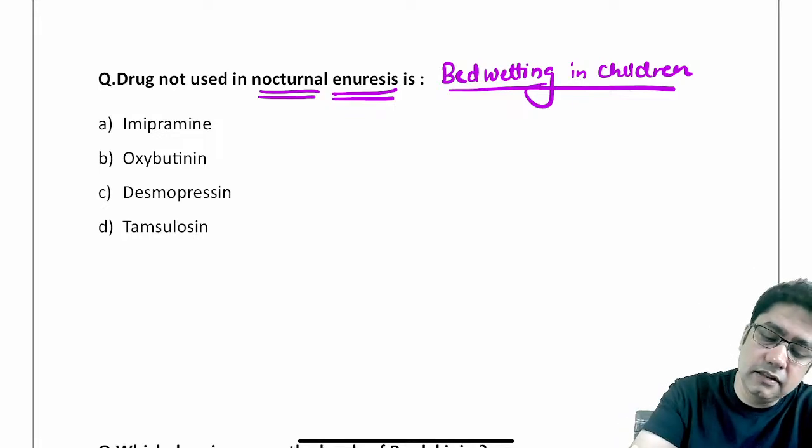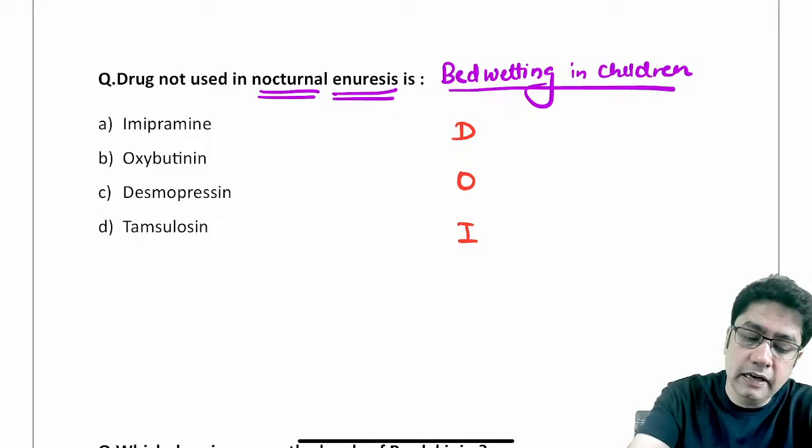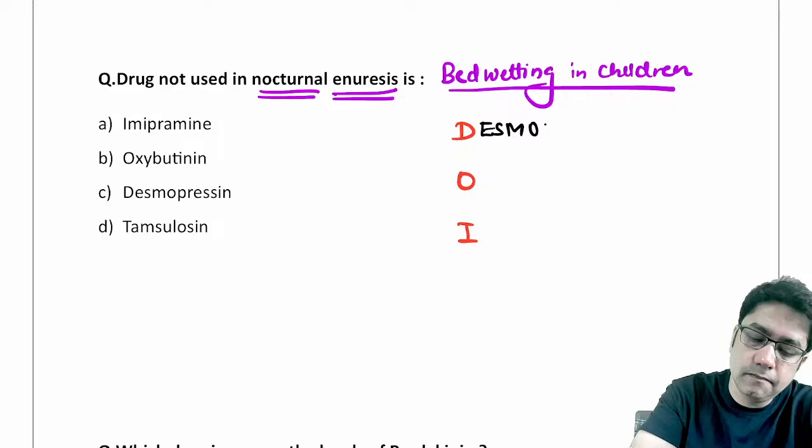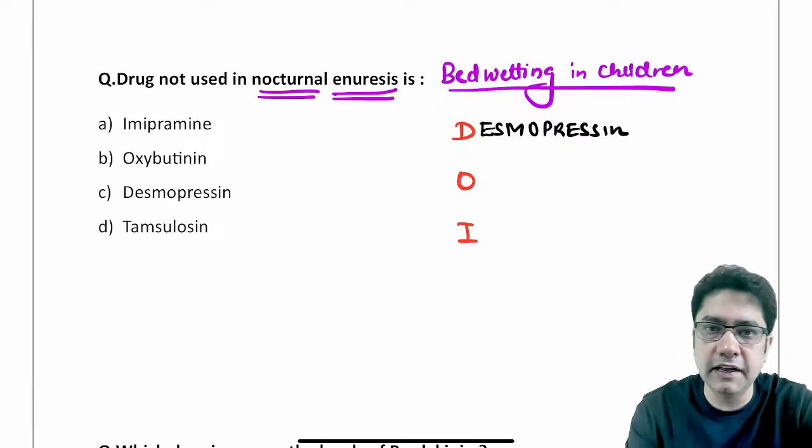And there are three drugs which have been approved for bedwetting in children. DOI, the D stands for desmopressin, which is an ADH hormone which will reduce urine volume so that urination will not happen.